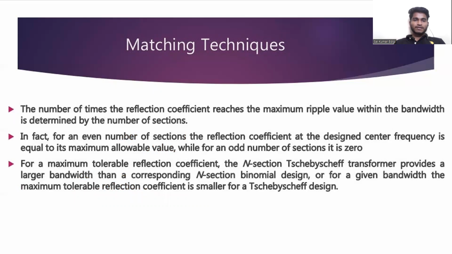The number of times the reflection coefficient reaches the maximum ripple value within the bandwidth is determined by the number of sections. In fact, for an even number of sections, the reflection coefficient at the designed center frequency is equal to its maximum allowable value, while for an odd number of sections, it is zero.